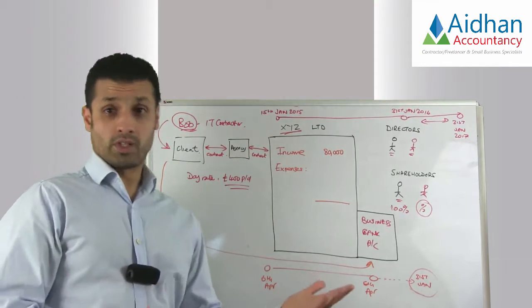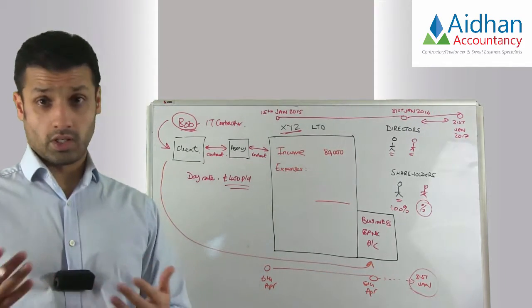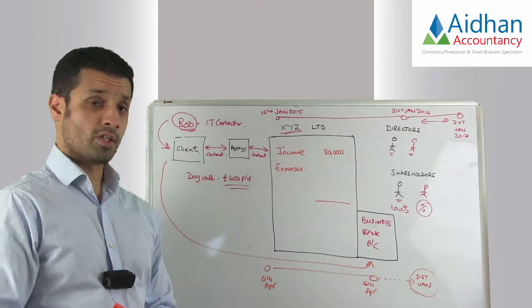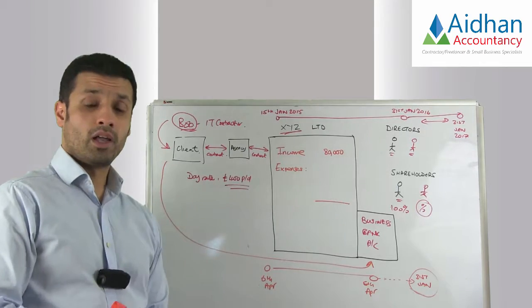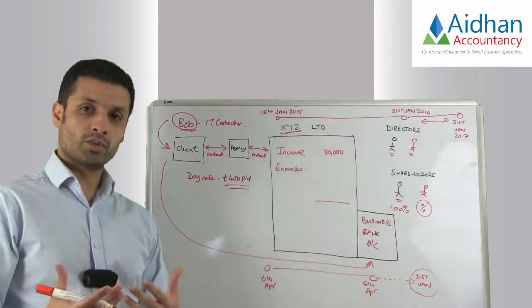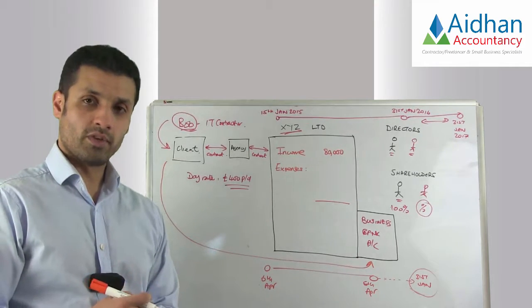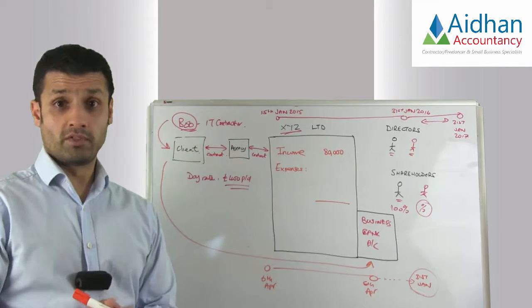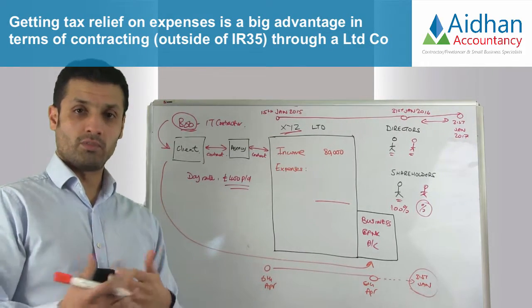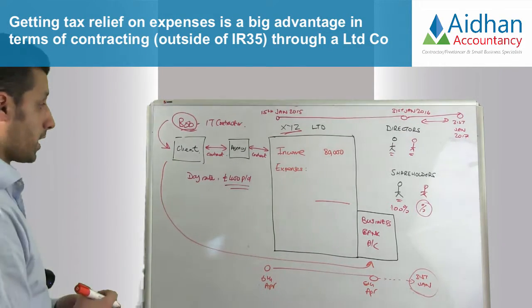When you go from your place of residence to your client's place of work, as a contractor you can put that through as an expense, offset it against income, and get what's called tax relief for it. As a permanent member of staff, you can't do that. You can only pay for your travel expenses from your after-tax money. So it's a very, very big advantage in terms of contracting through a limited company.